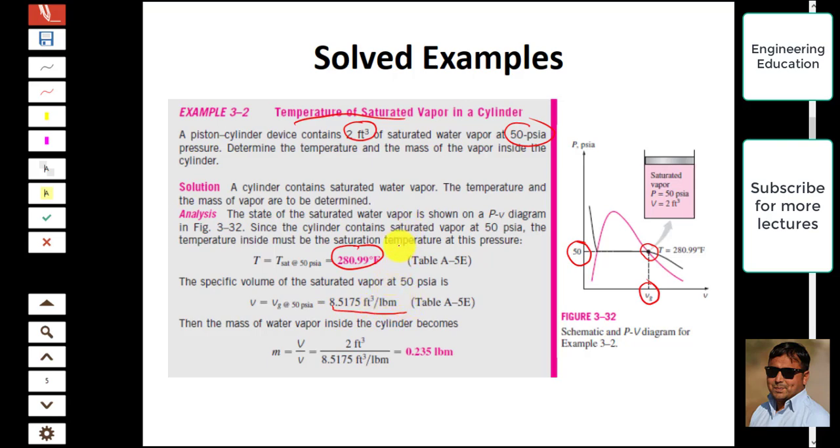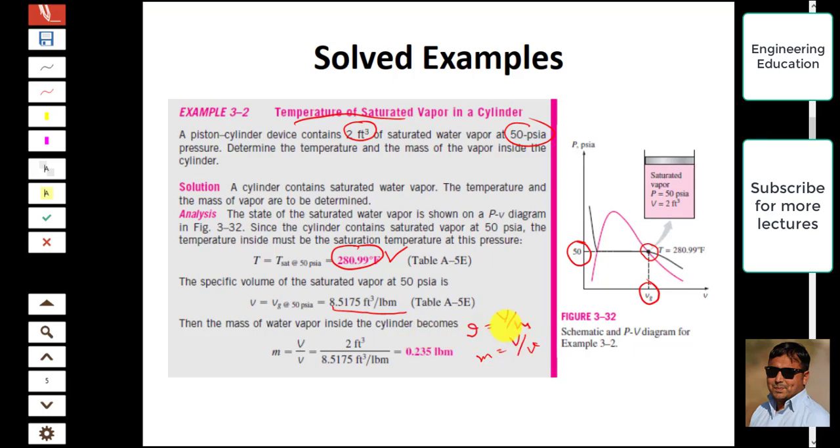So this is the temperature value, and now to find the mass of the water vapor inside the cylinder, we know the specific volume of the saturated vapor, that is 8.5175, and we also know the total volume of the cylinder, that is 2 cubic feet. Using the expression that specific volume is equal to capital V by m, we are finding m, so capital V by small v.